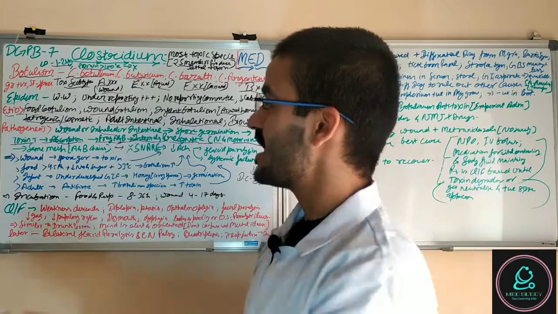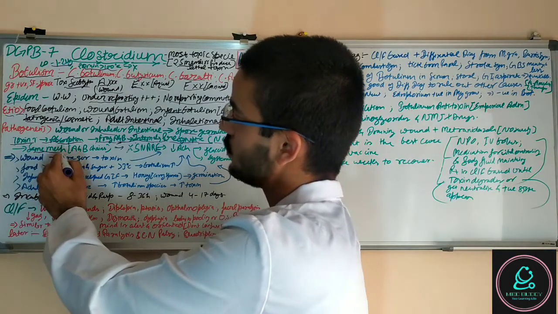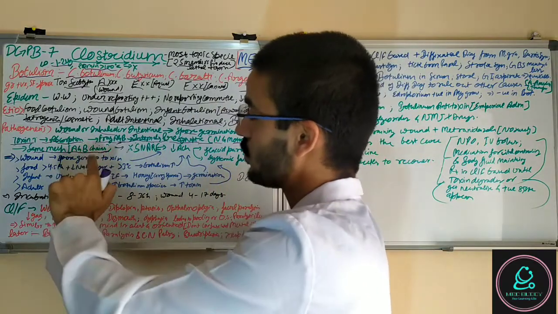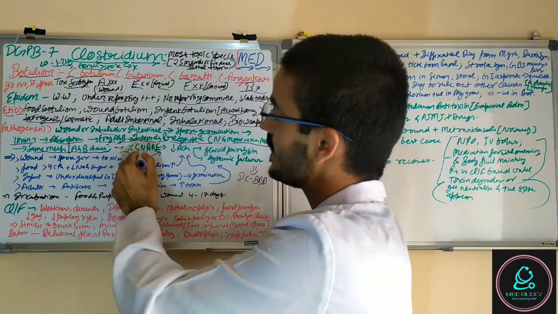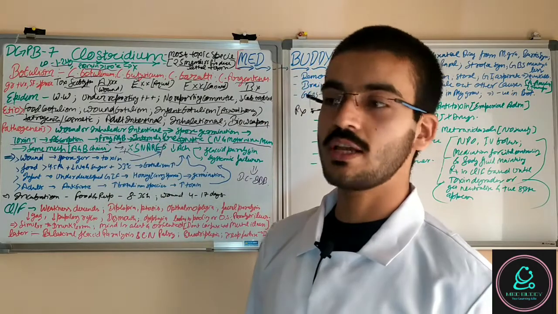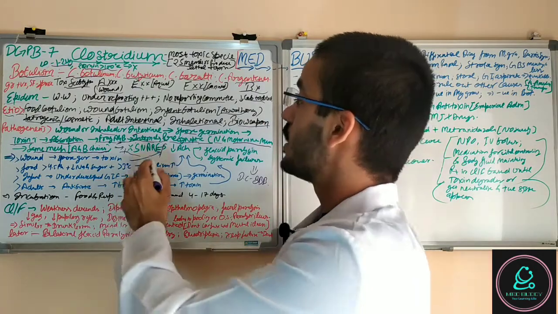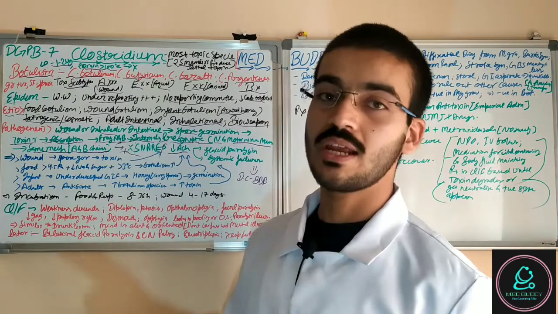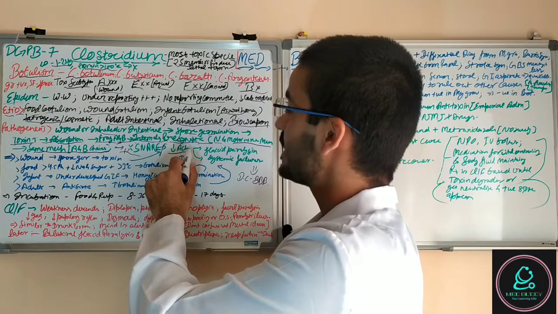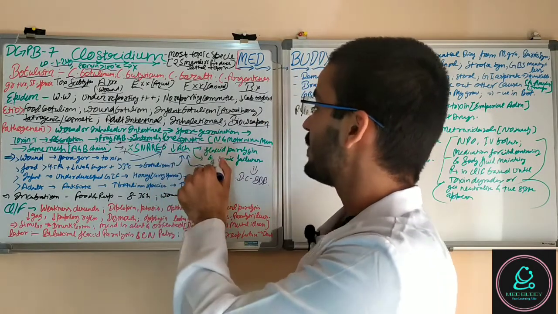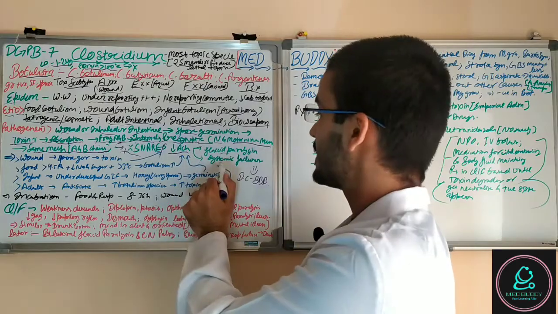Following the same mechanism using both fragments A and B of the toxin, in this case it is going to inhibit the SNARE proteins. SNARE proteins are important for the release of acetylcholine. Once SNARE protein is absent, acetylcholine is not going to be released, and it leads to flaccid paralysis and systemic failure.